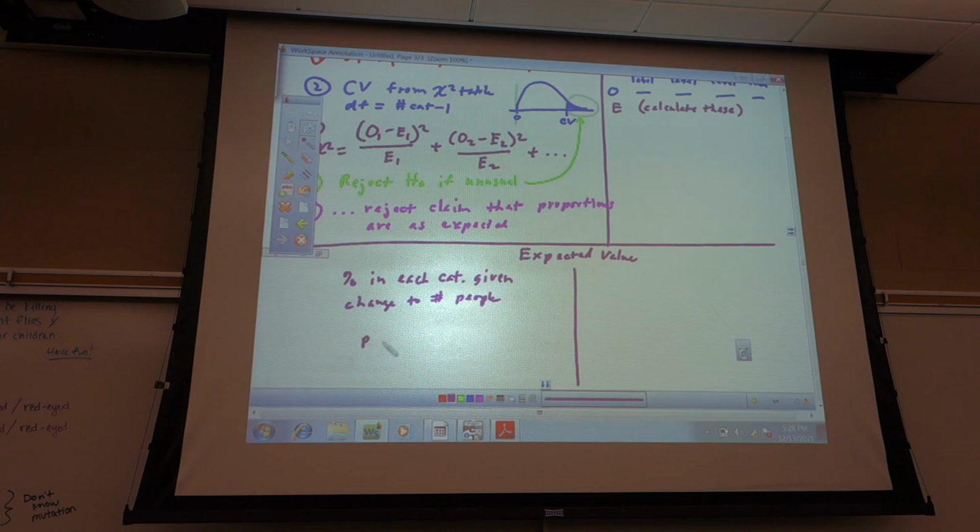So P times N. N, the total number of people you have, multiplied by the percentage you expect in that group.